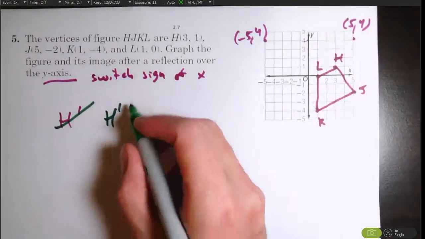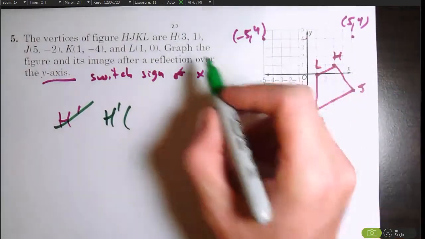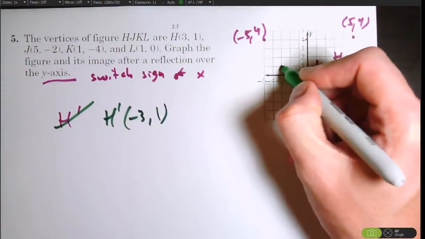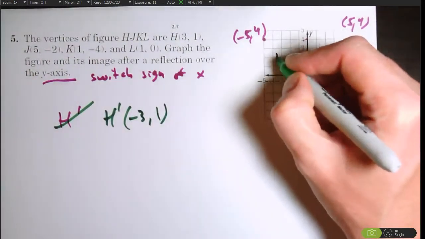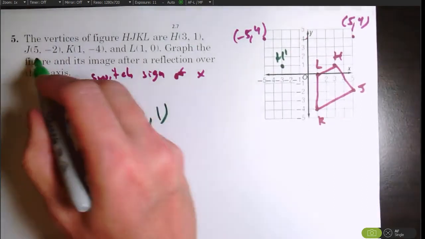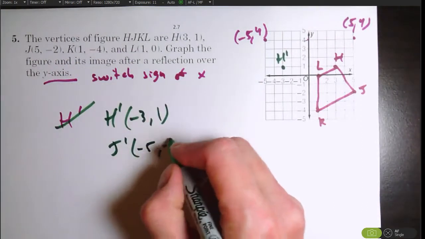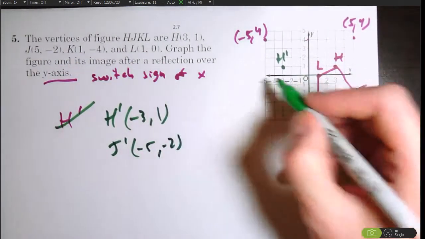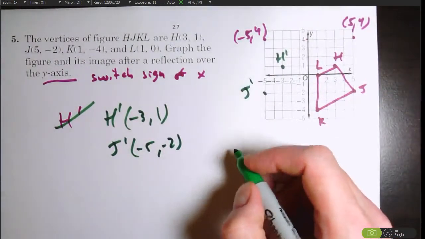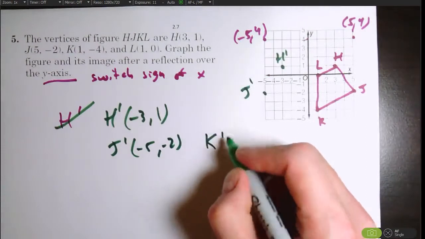H prime will be, switch the sign of the x. Well, H was at 3, 1. That'll be -3, 1. J prime, well, J was at 5, -2. It'll be -5, -2. So here's -5, here's -2. J prime. K prime.